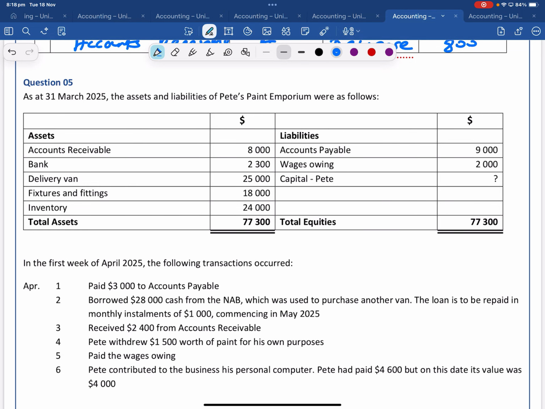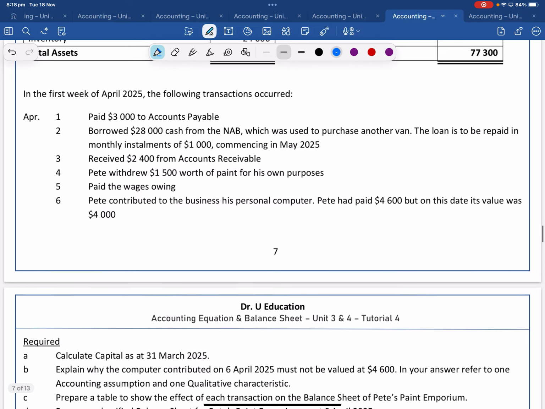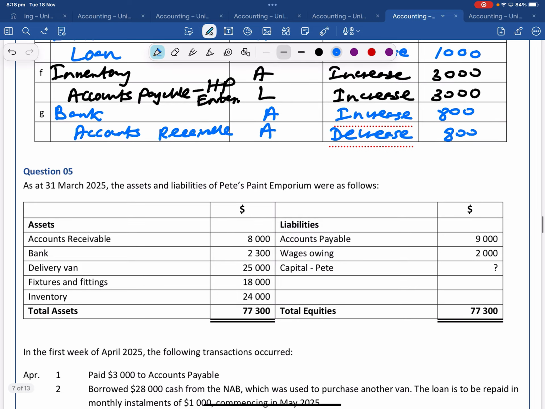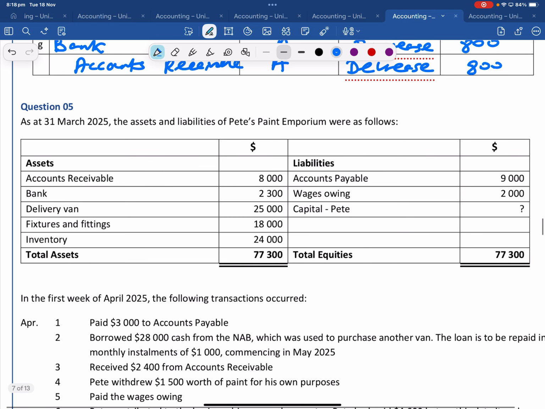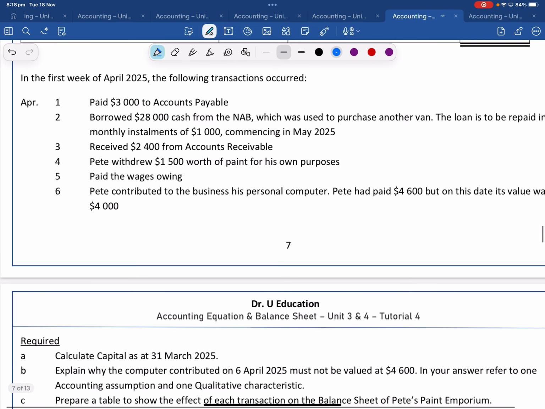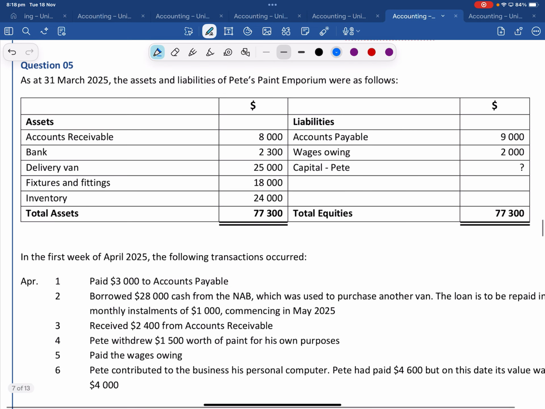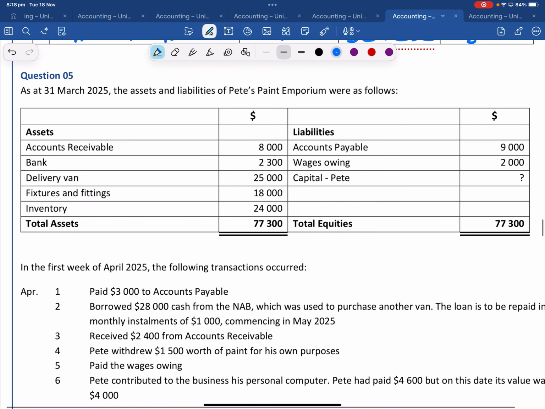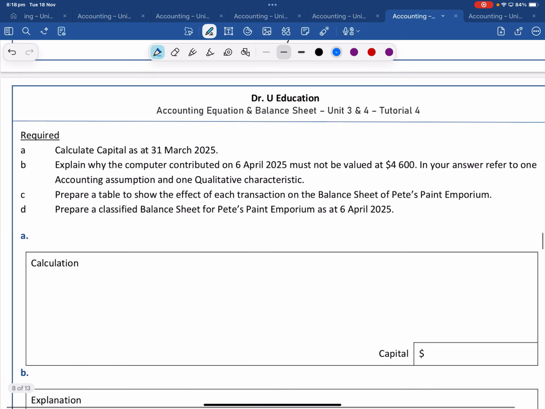Skim through the question. If I got this one in my exam, I can see a balance sheet and some set of transactions, and then requirements. It will take me about 10-15 seconds maximum to look at the question. That's enough. Then you go to the requirements.